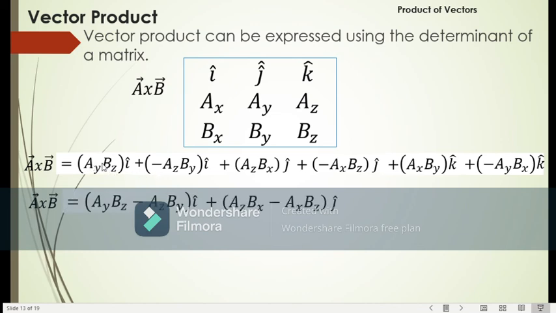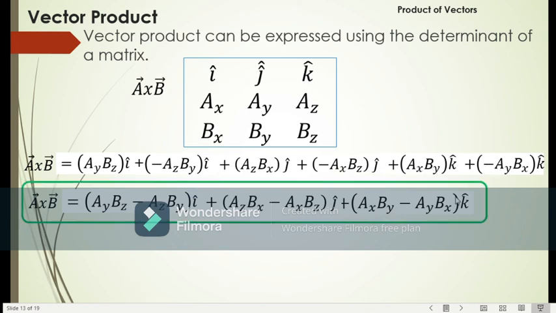So that is A sub y, B sub z, minus A sub z, B sub y, I hat, plus A sub z times B sub x, minus A sub x, B sub z, J hat, plus A sub x B sub y minus A sub y B sub x K hat. So this is how you will multiply two vectors using a cross product in the matrix form.